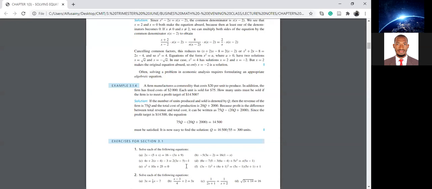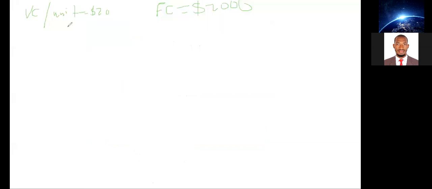So we have our selling price here: selling price per unit as $75. So first we are given information.